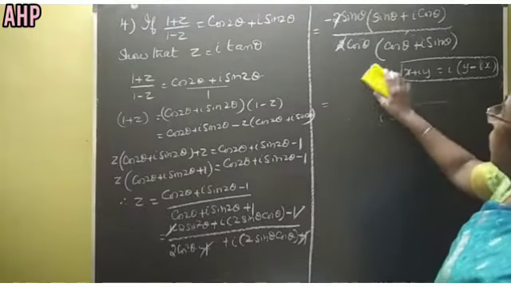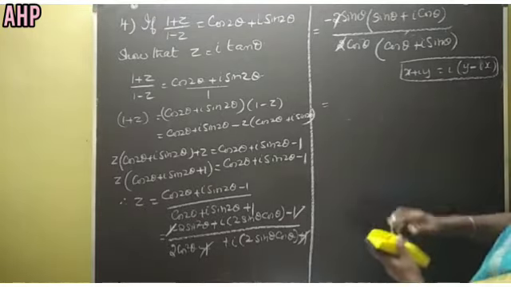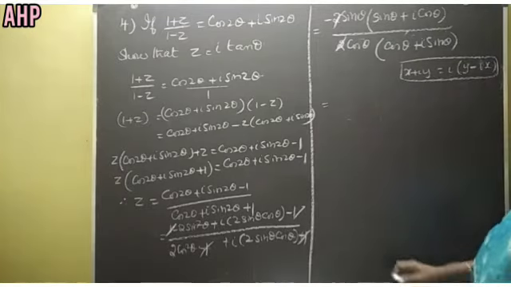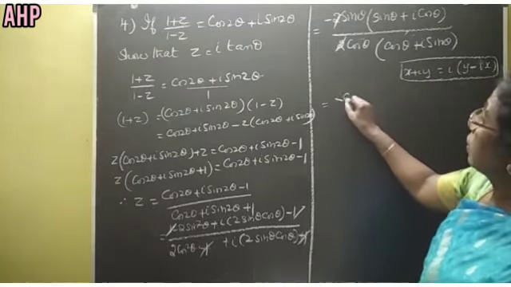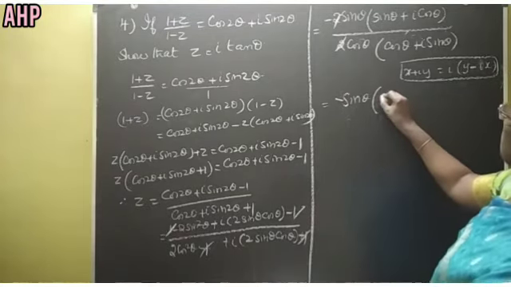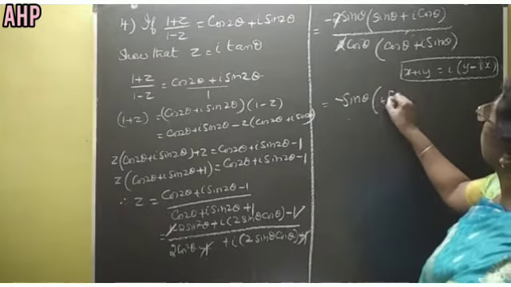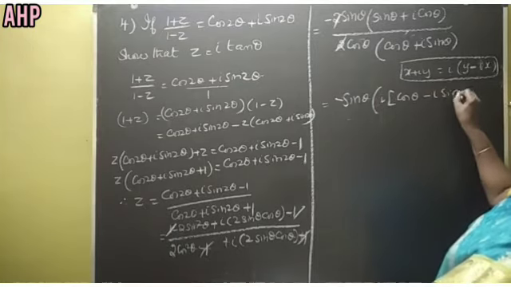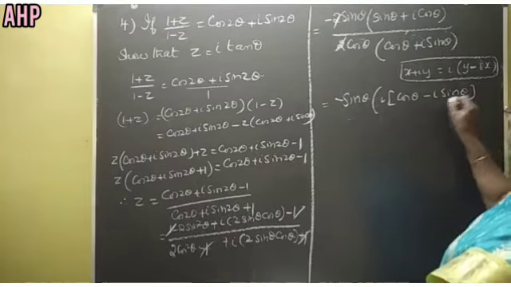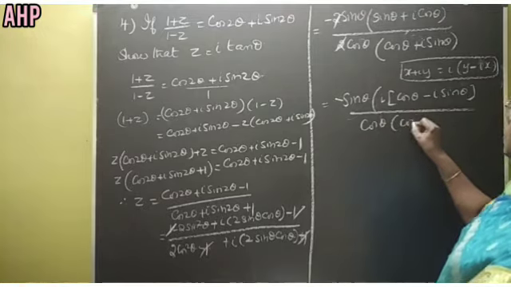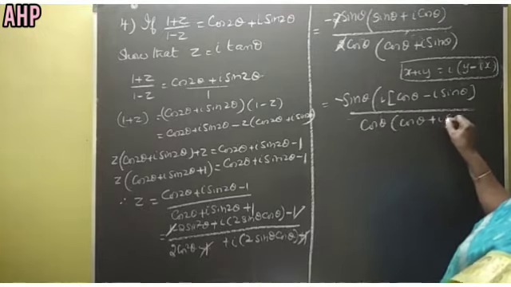You can use this formula, x plus iy is equal to I into y minus ix, for the numerator. So this becomes minus sin theta into, this is equal to I into cos theta minus I sin theta divided by cos theta into cos theta plus I sin theta.